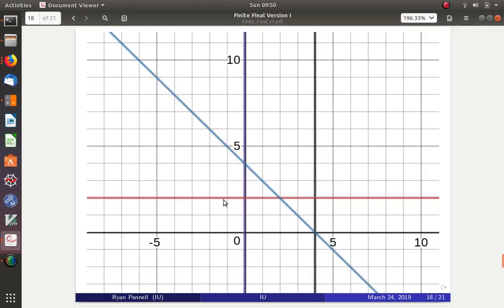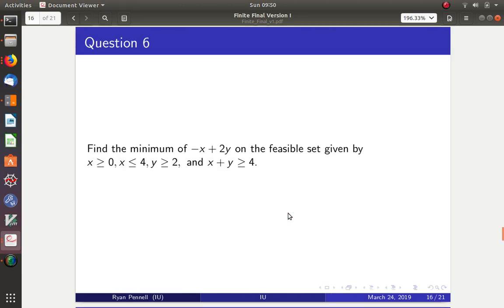Here you have just straight lines. Let's look at our boundary conditions. So here I just do x equals 0, x equals 4, y equals 2, and then here I can find the points. This would be 4, 0, because this is x plus y equals 4.